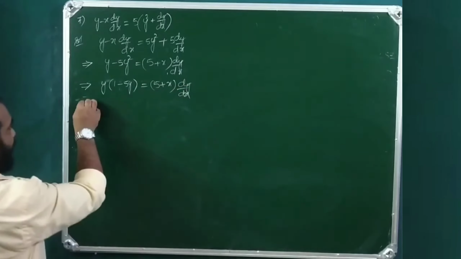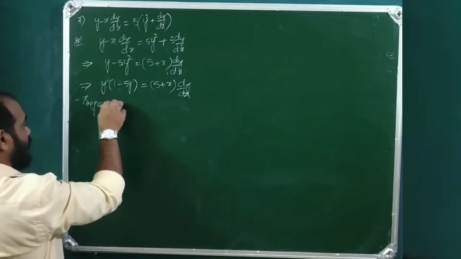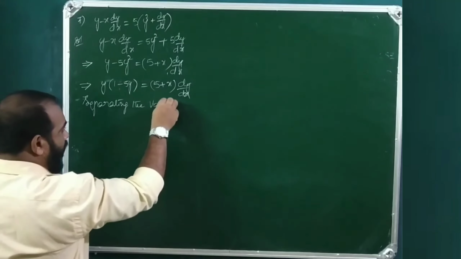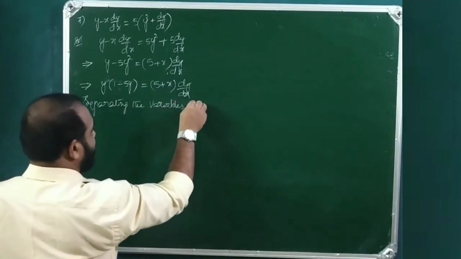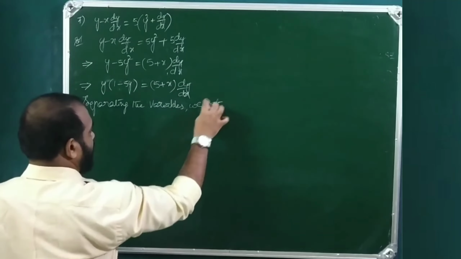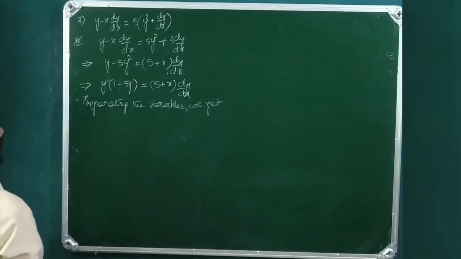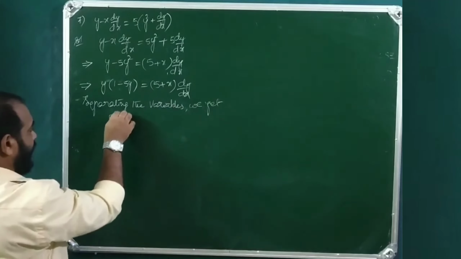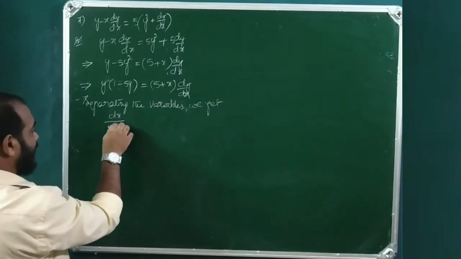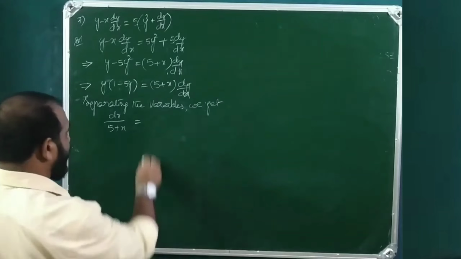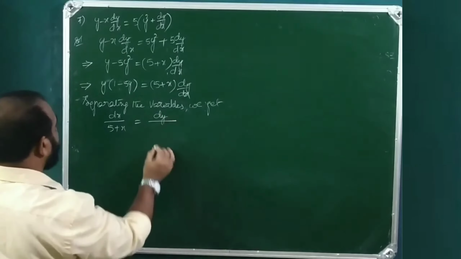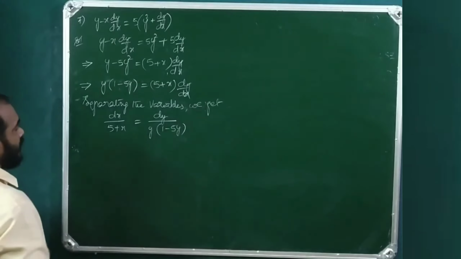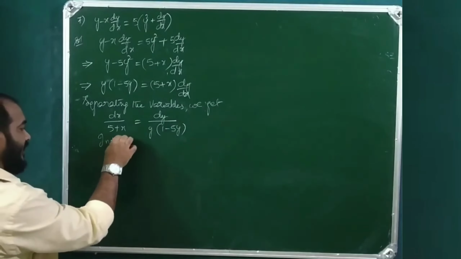Now separating the variables, we get dx by 5 plus x is equal to dy by y into 1 minus 5y. Integrating on both sides.